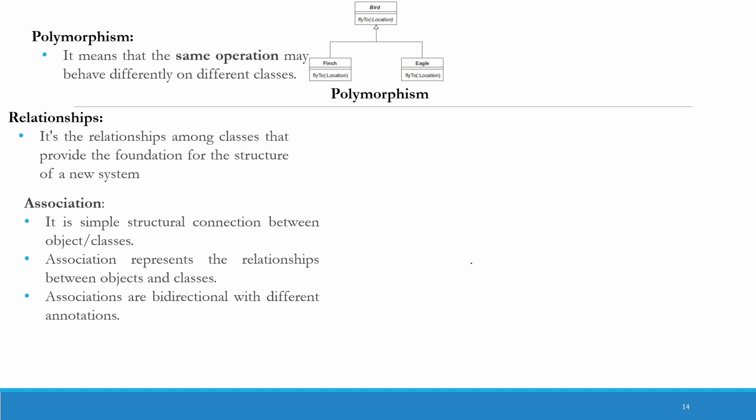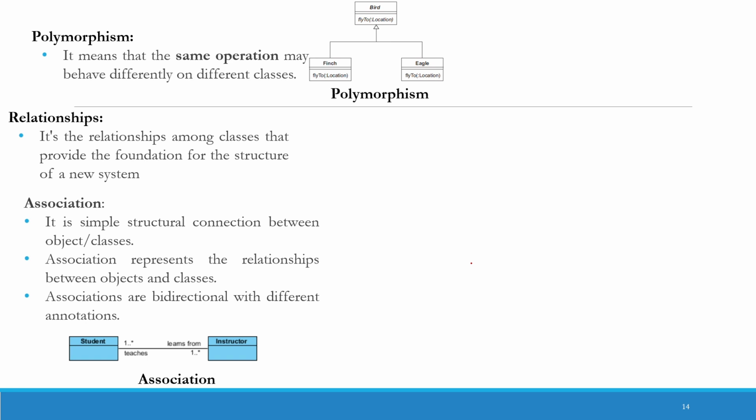For example, here we have student and instructor. Student and instructor are in a simple association. Maybe if one instructor teaches a student, he will leave. Nothing will happen to the student. Maybe another instructor will teach them. Such kind of relationship is what we call an association.